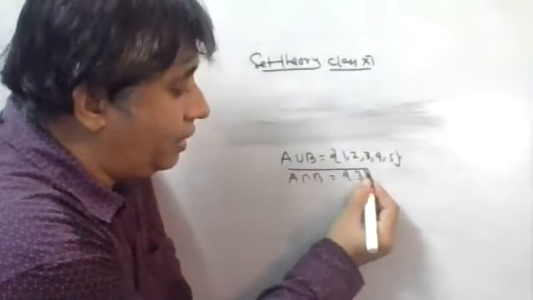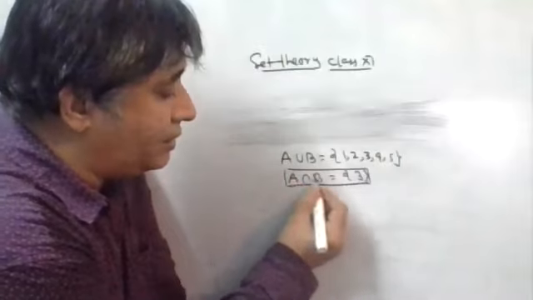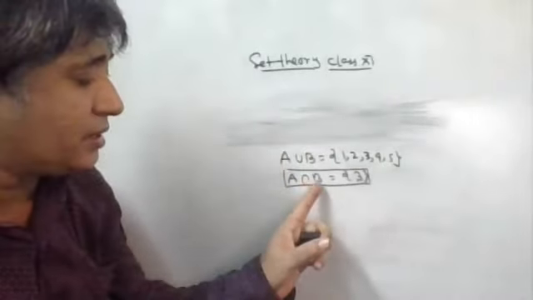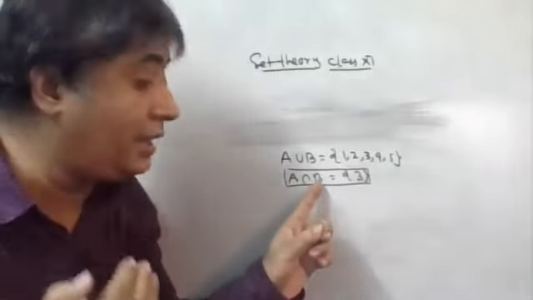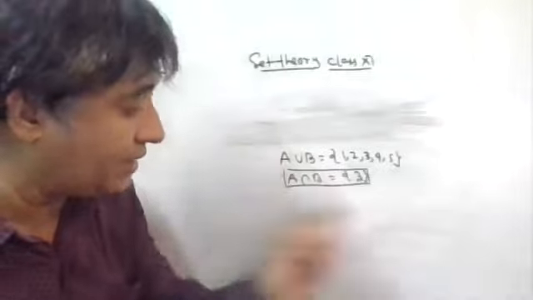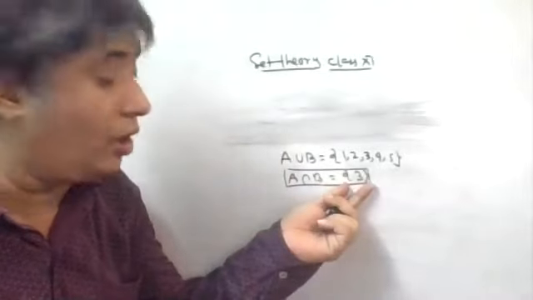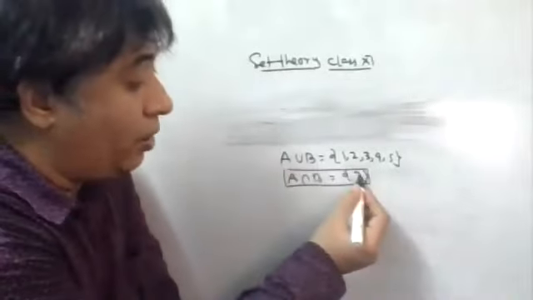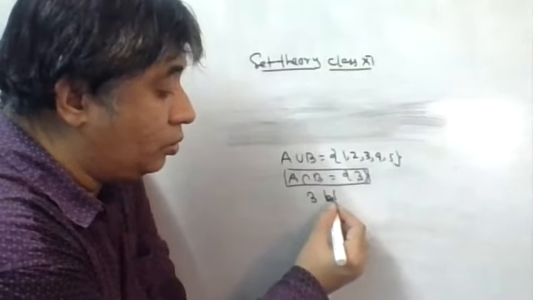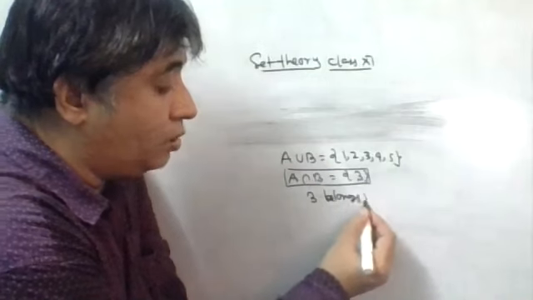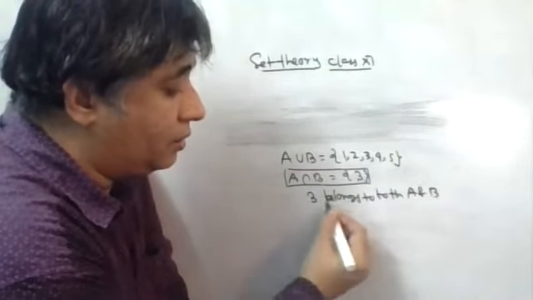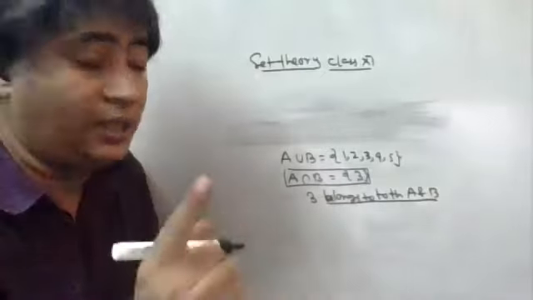See, if I consider A intersection B is {3}, meaning A intersection B is itself a set which contains the element 3. In that case, what conclusion can I draw? That 3 belongs to both A and B.